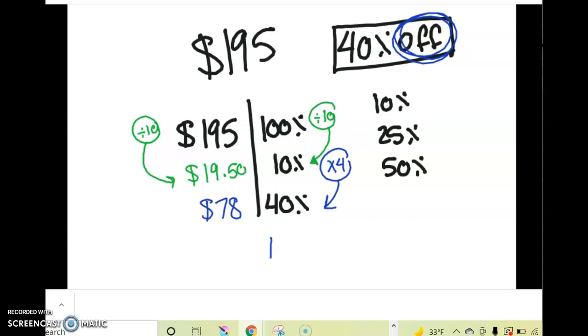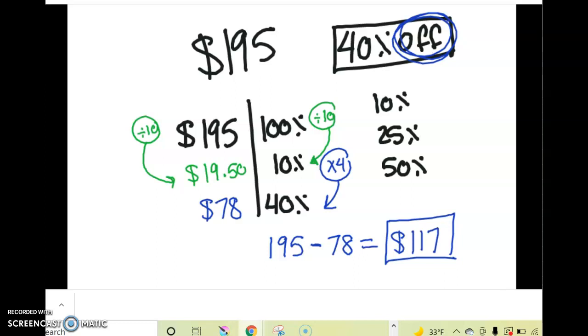So I'm going to do 195 minus 78 in order to figure out how much money I actually spent on books. When I do this, I find that I'm only spending $117 on books, which sounds like a lot of money, but it's a lot better than spending $195. This is one way I can go about finding percents, by using one of my benchmarks.